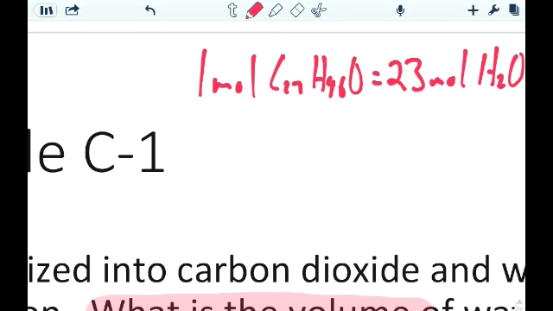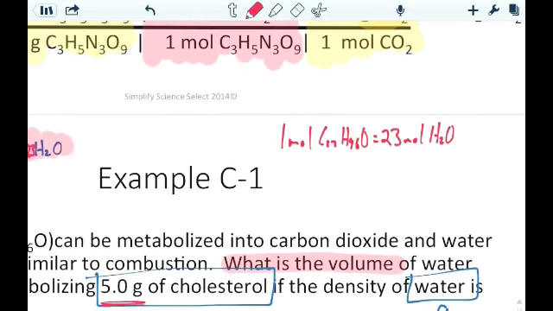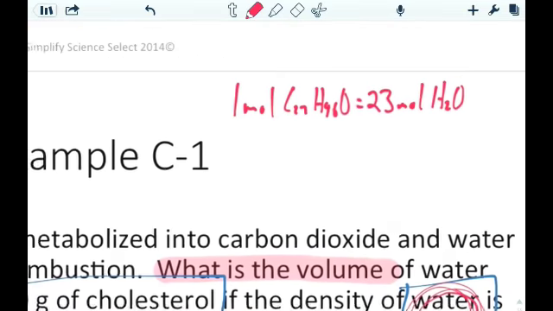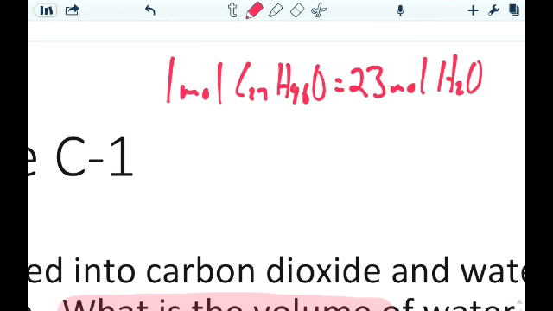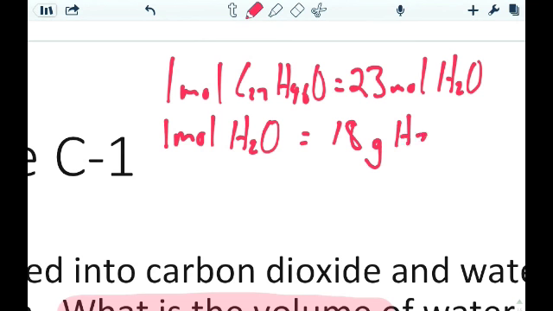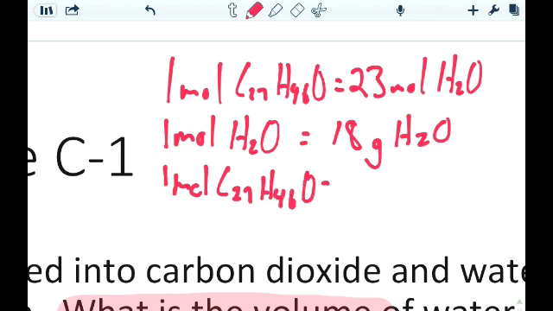Now, since we're starting with grams and going to grams, we need the molar mass of both of these. Water, you should have memorized: 1 mole of water is right around 18.02, so we'll just say 18 grams. We use water a lot, so that's one you might want to memorize. And then for our cholesterol, 1 mole has 27 carbons, 46 hydrogens, and an oxygen. That gives us a molar mass right around 387 grams.